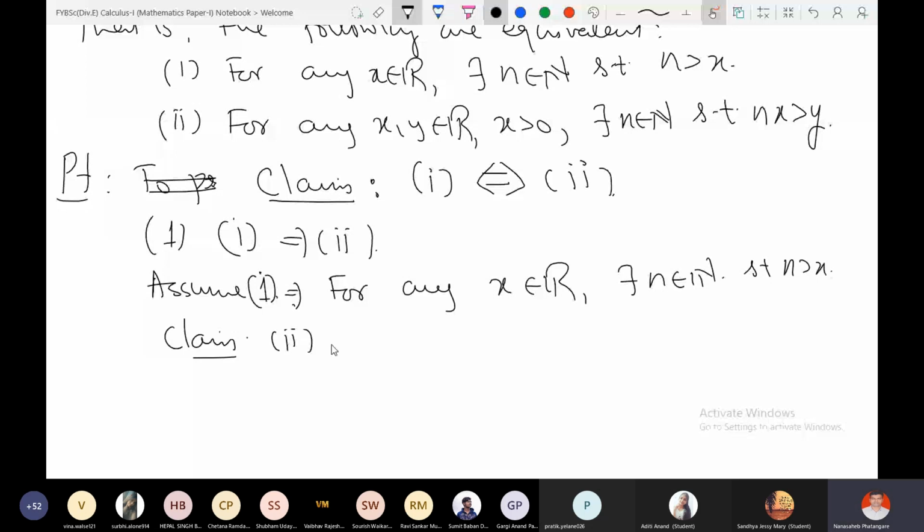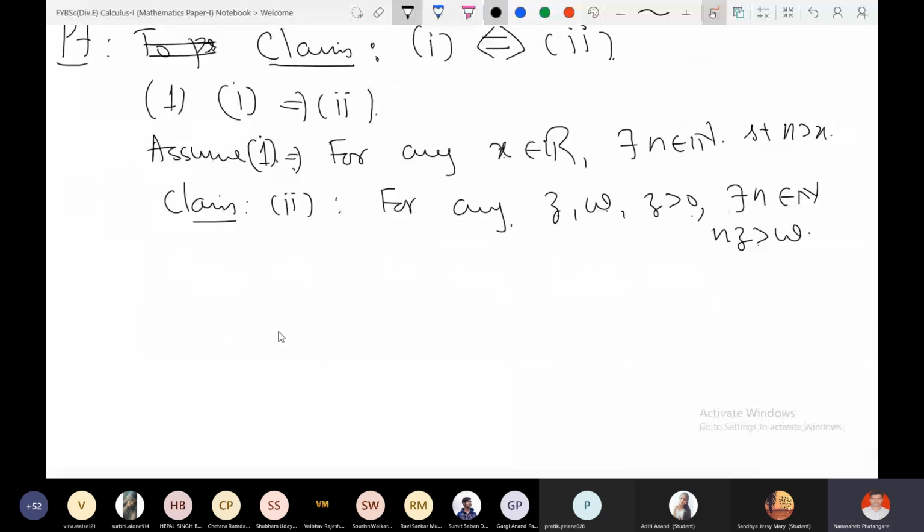That is, for any z and w with z greater than 0, there exists n such that nz is greater than w. We should not use the same notation here, because I am talking about every x there is a natural number. So if you take any z and w with z positive, there exists a natural number n such that nz is greater than w. This is our claim.